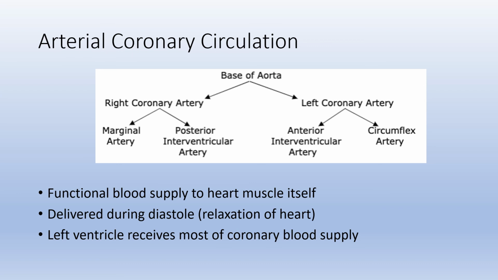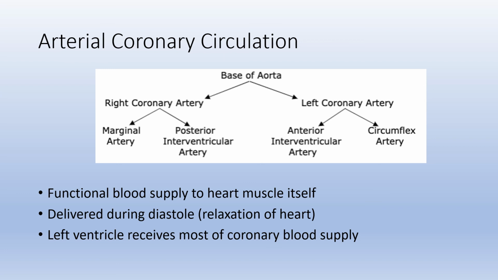At the base of the aorta, we have 2 little blood vessels come off, the left and right coronary arteries. The right coronary artery will split into 2 branches, the marginal artery and the posterior interventricular artery.